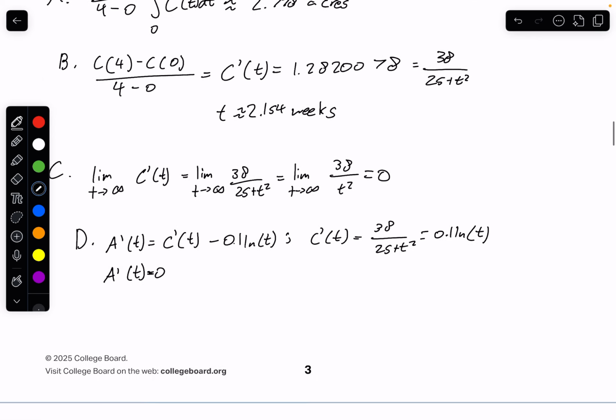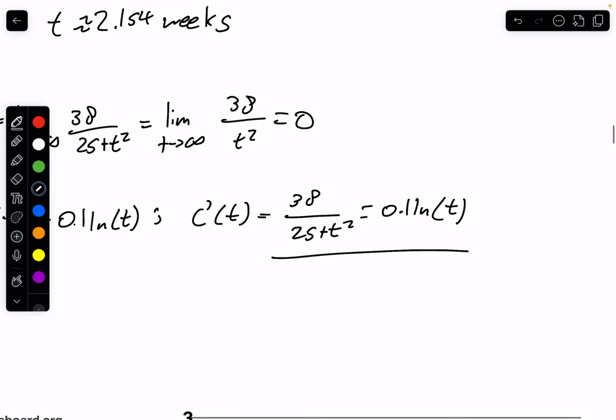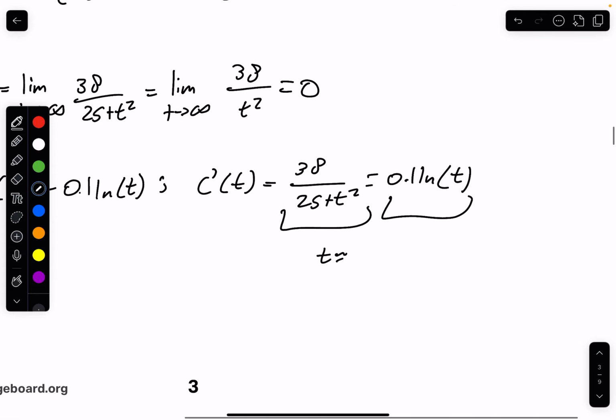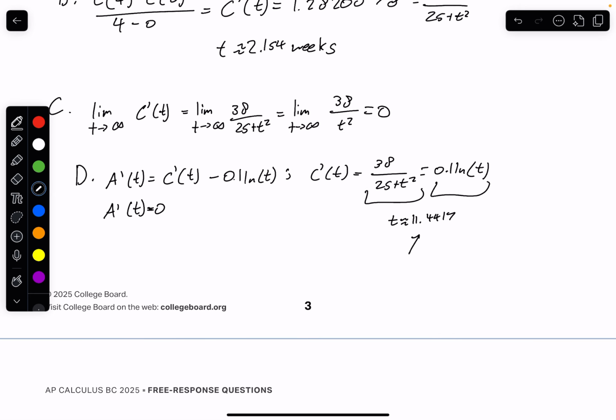If you try to do it analytically, you won't be able to. So you graph both functions, and you find t. T's value, I have it right here, t should approximately be 11.4417. And this is probably going to be a relative maximum.